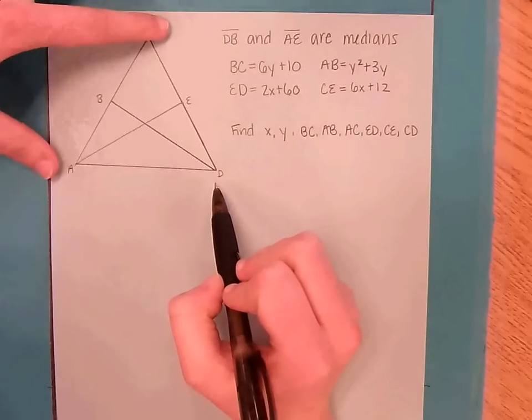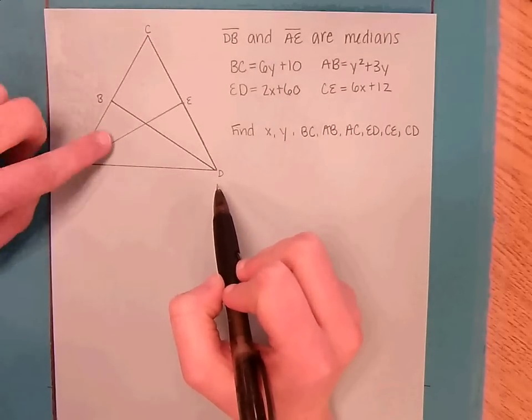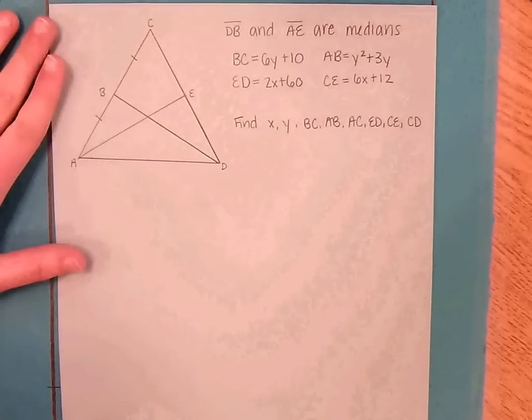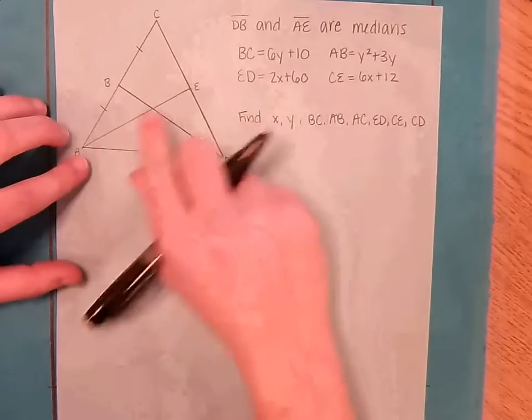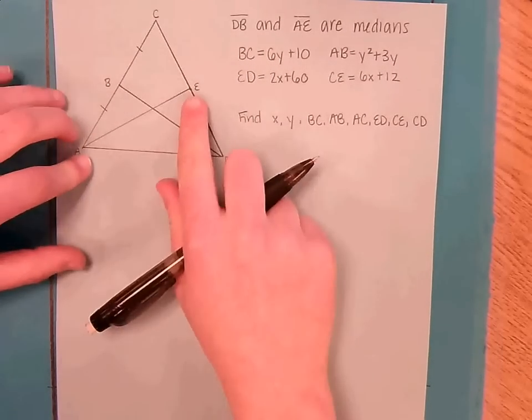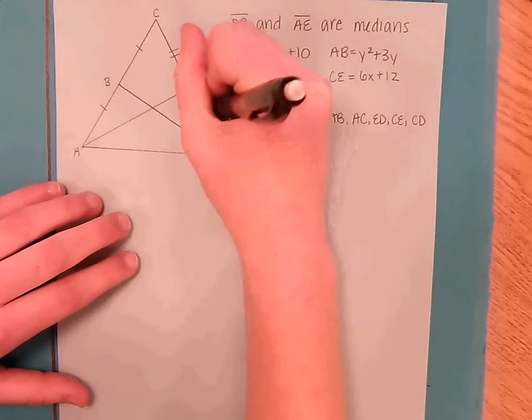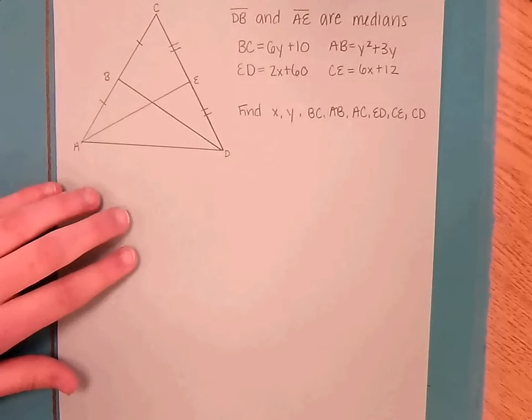So AC is split in half at B, so both of these are the same. Same on the other side: AE splits the side CD in half, so this is going to equal this. That side is going to equal that side.